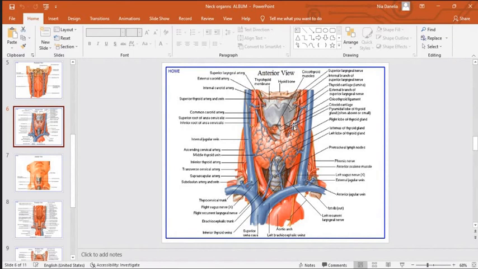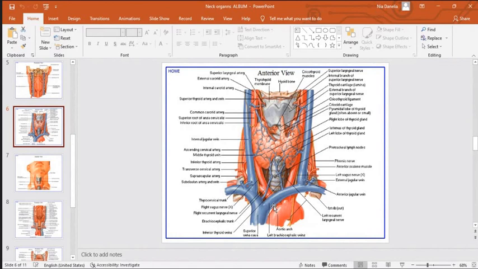We have said that the vagus nerve gives off the recurrent laryngeal nerves, which innervate the thyroid gland and the trachea. Besides these organs, it also innervates the vocal fold.